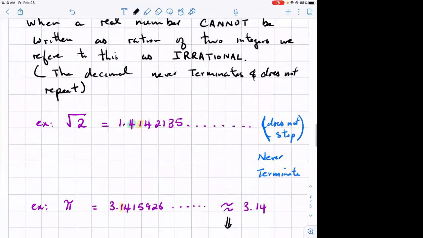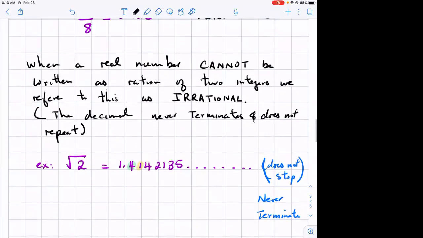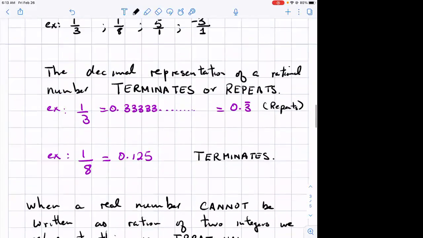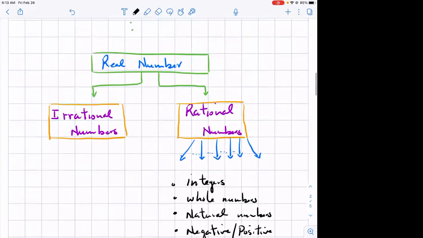So those are the two main branches that we have: either rational or irrational. For rational numbers, we are aware of a whole lot of subsets or branches. For irrational, there is not much, just the definition, and that's it.